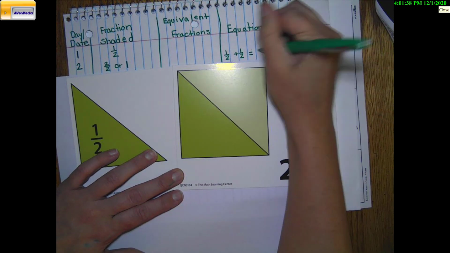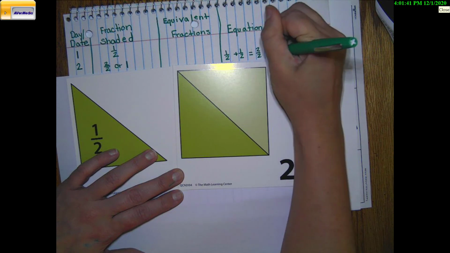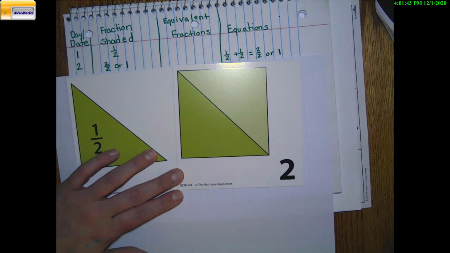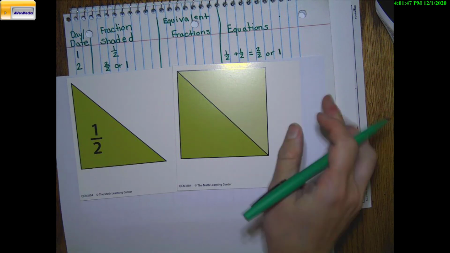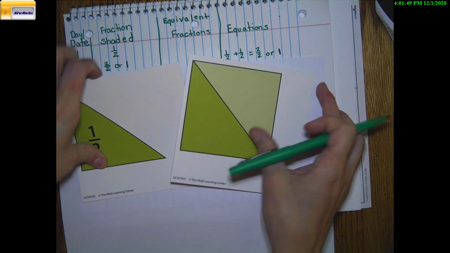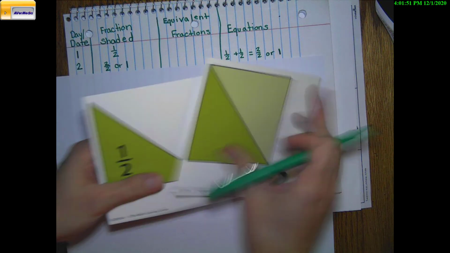How many were there all together? 2 out of 2 or 1. Notice how when you're doing this, the denominator does not change. The number of parts does not change. That's really important when it comes to adding fractions together, to remember that the denominator isn't going to change because you can't change the number of equal parts when you're working on this stuff.